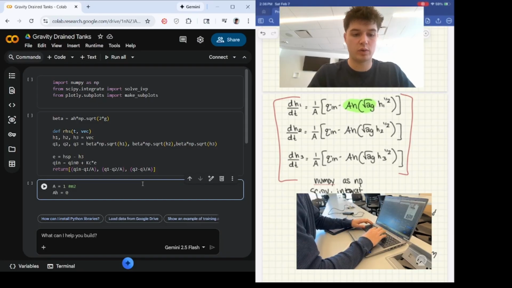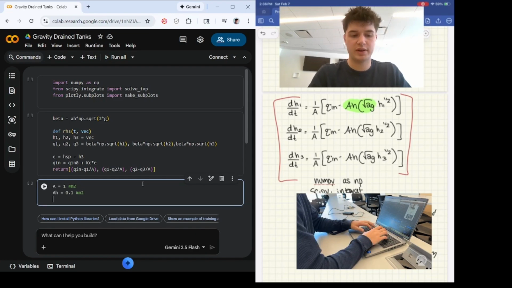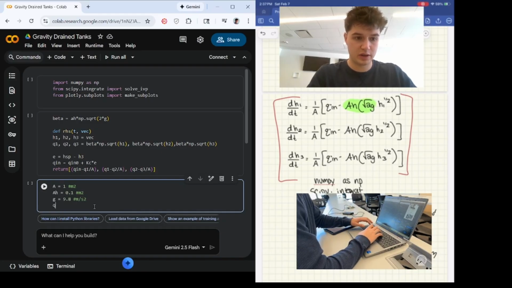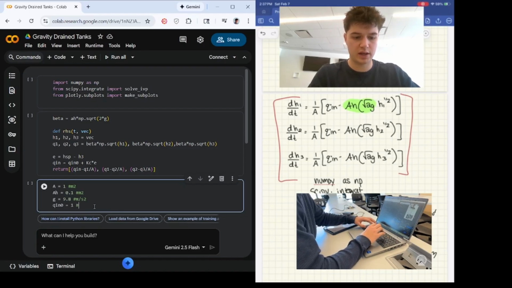That is going to be 0.1 meters squared. Next, we have gravity, which is going to be 9.8 meters per second squared. And then our initial flow rate, which we listed as Q in naught. In the problem statement, that was said to be 1 meter cubed per second.